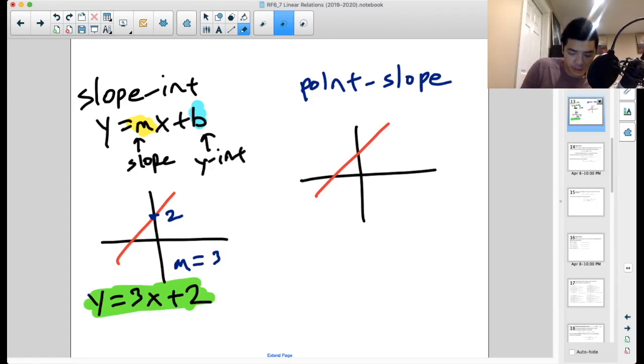So in this case, let's say we're given this point here. Let's say this point is (-3, -1). So we have a point on the line. We don't know exactly what the slope is equal to.